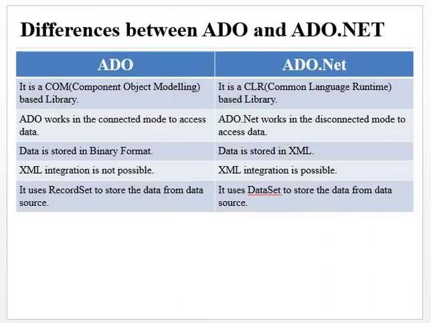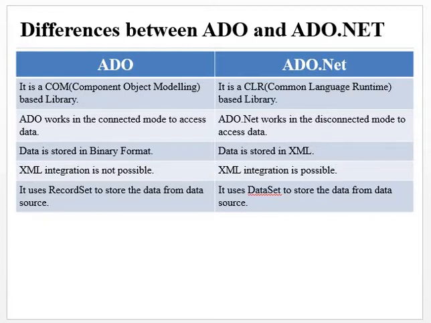Next we will understand the difference between ADO and ADO.NET. ADO uses a COM based library, component object model based library, whereas ADO.NET uses a CLR based library, common language runtime.